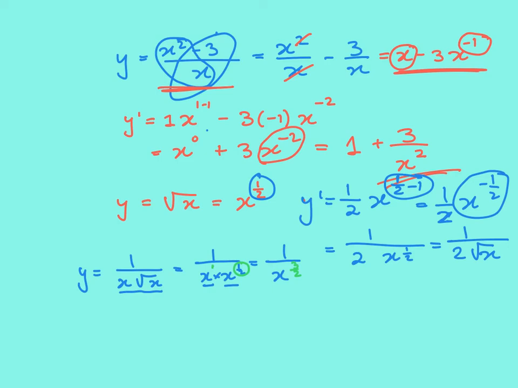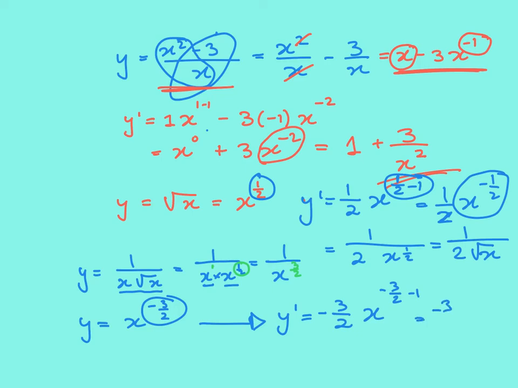So now we can say this is still equal to x to the power of negative 3 over 2. Now it's easy to differentiate. All we're going to do is y' is equal to copy the power in front of x and then times x and reduce this power by 1.